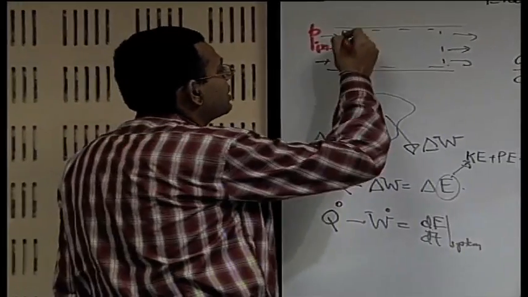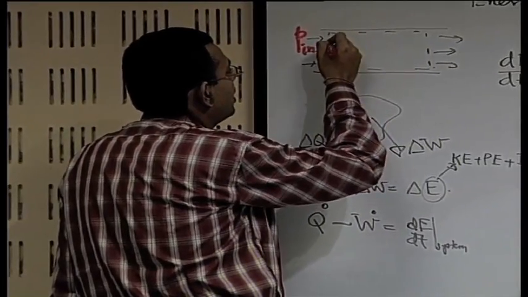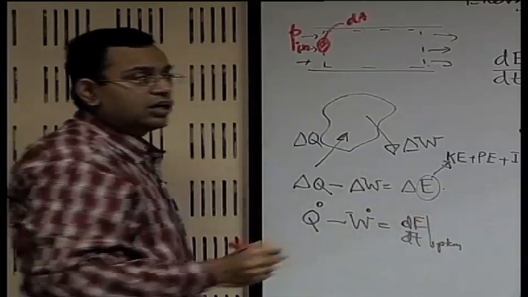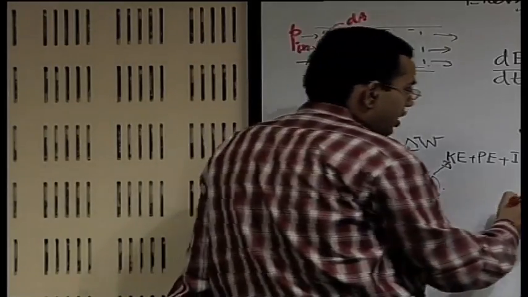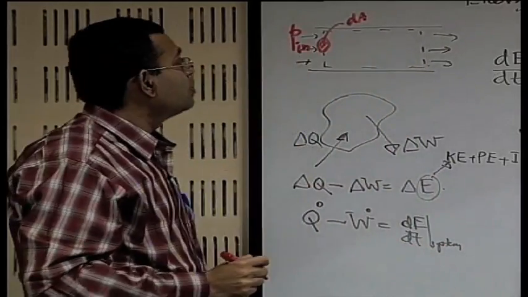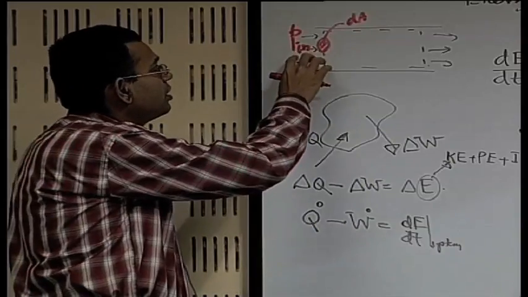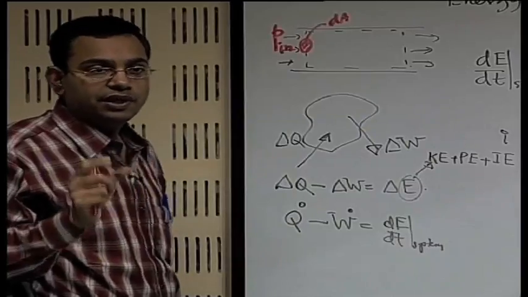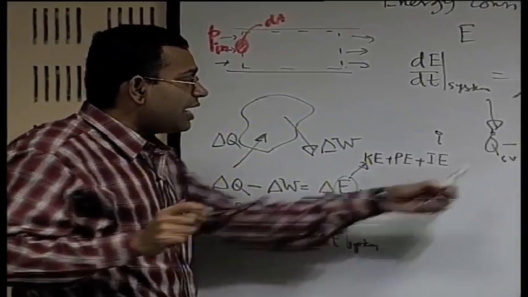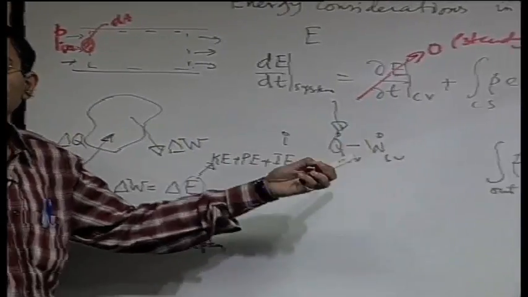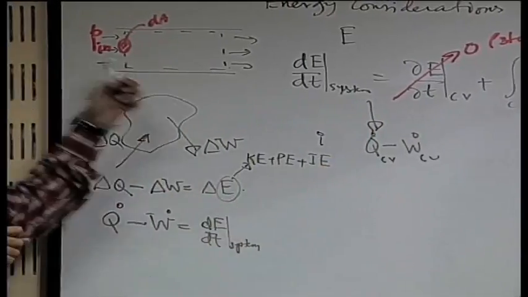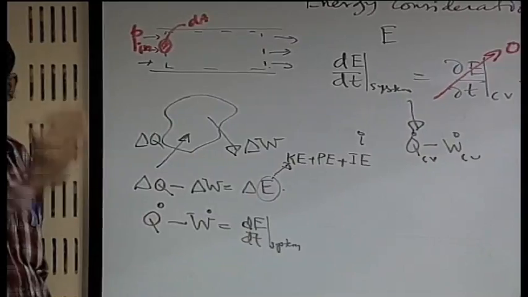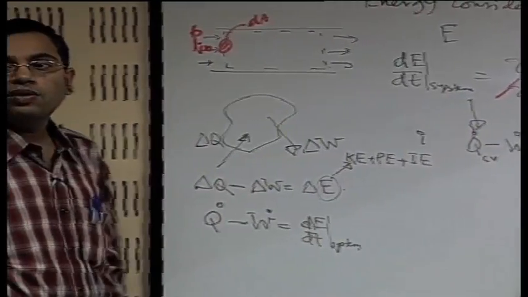If you have a small element of area dA, the elemental work done is P in into dA into the displacement. Here we are writing the rate, so the rate of the displacement is the velocity. So P in dA into u, integral of that over the entire area, sign plus or minus.